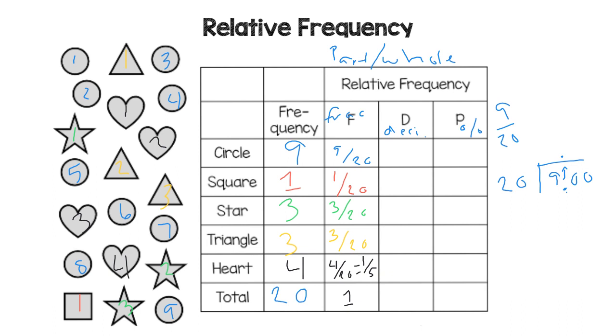Now we're going to say, how many times does 20 fit into 9? It is 0. How many times does 20 fit into 90? If we think about this, 20 fits into 90 4 times, and 4 times 20 is 80.